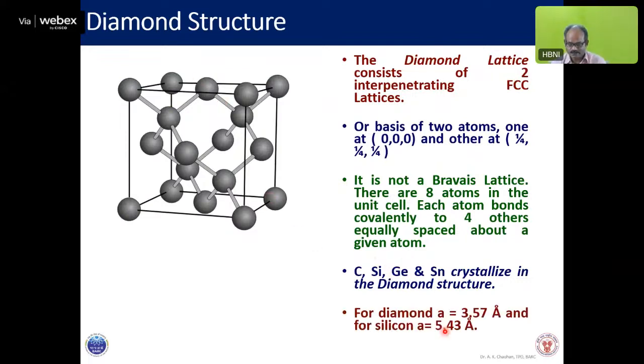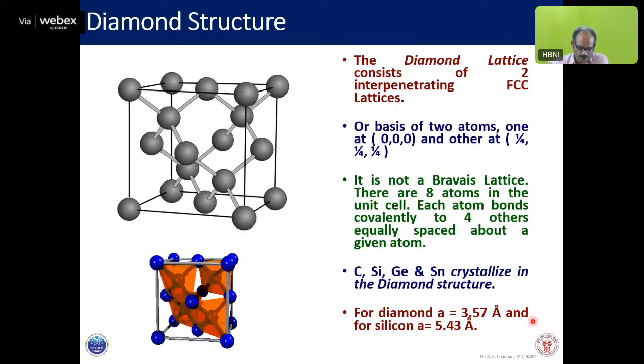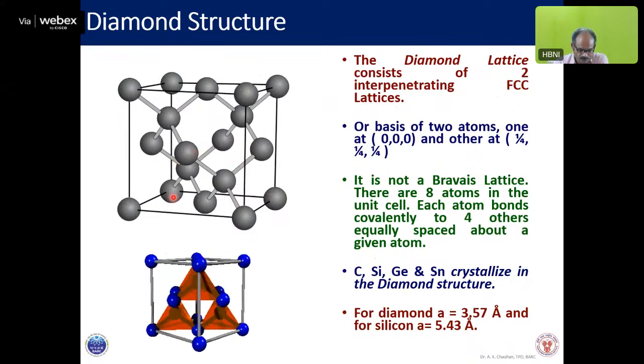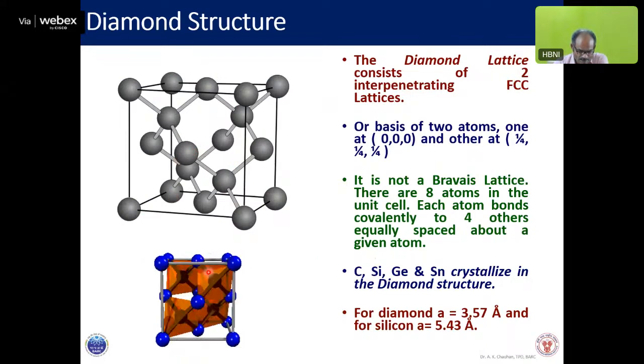So that is the reason why in every textbook we have the diamond structure. Not because diamond is expensive, but because it is an important structure which needs to be studied in order to know the properties of silicon. So if you can see here, the structure is like this.